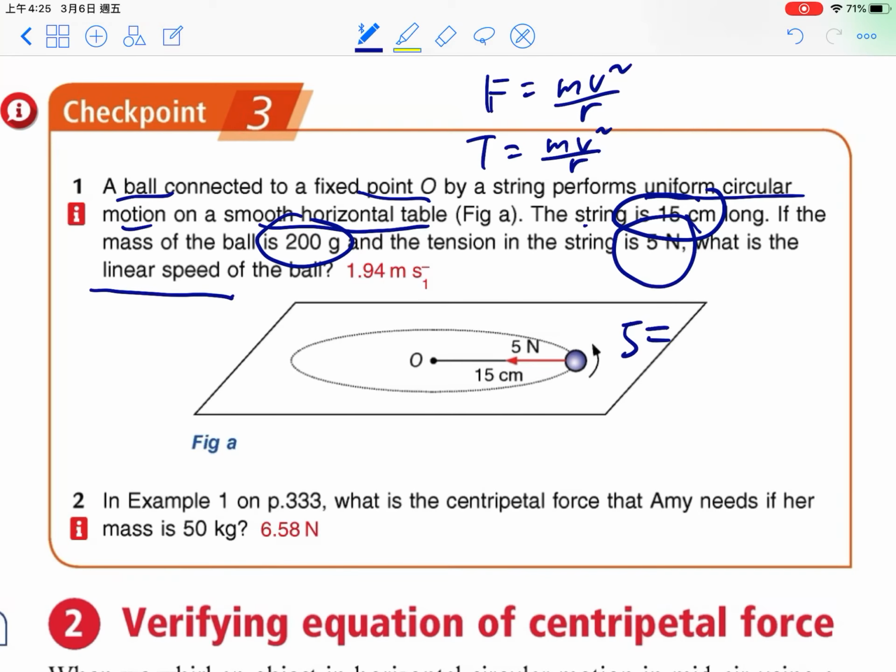By substitution, 5 equals 0.2 times v squared over r, where v is unknown and r is 0.15. So we get v equal to 1.94 m/s.